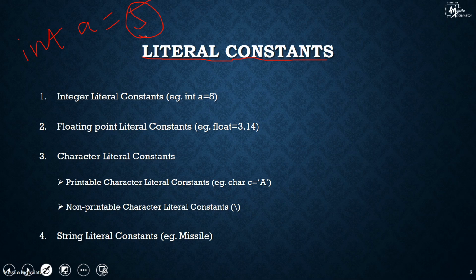There are some basic rules for an integer literal constant. It should have at least one digit, and it should not have any decimal point, because it's an integer. For example, 5.5 is not allowed, only 5 is allowed.